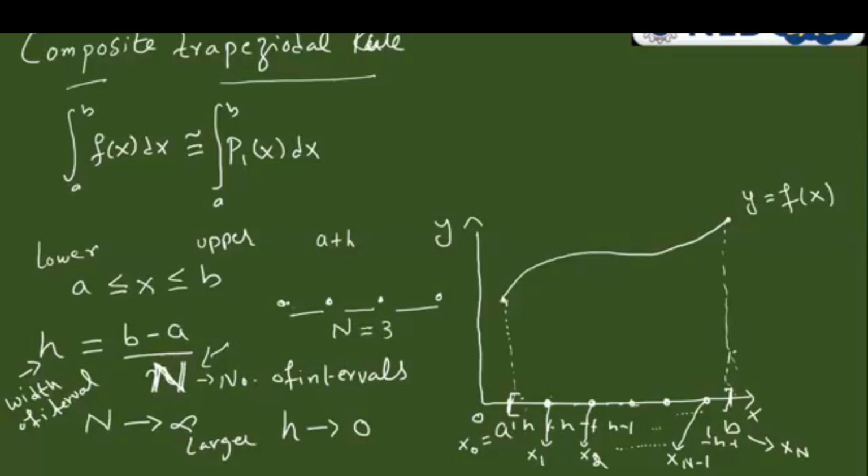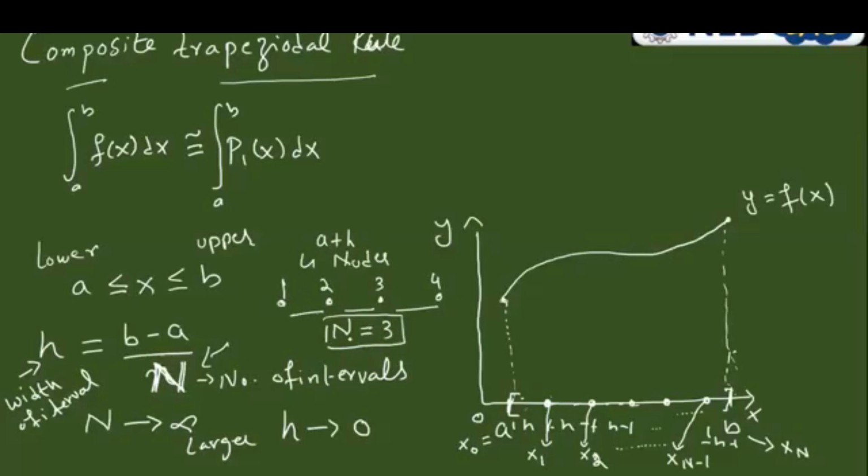So how many points do I have? We call them nodes as well. How many nodes do I have? This is node 1, this is node 2, this is node 3, and this is node 4. So if I have 3 intervals, I will have 4 nodes. Nodes means points, x coordinates.